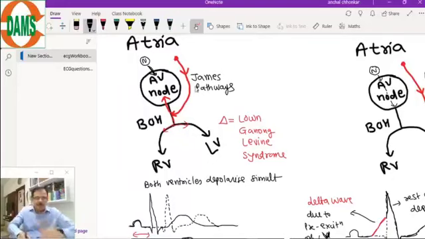In LGL syndrome, the impulse of James pathway goes to the bundle of His, it will go retrogradely as well as enter the AV node. Normal impulse also enters the AV node and these two impulses cancel each other. So the normal impulse is not able to cross the AV node because another impulse is going from below. So that will cancel it.